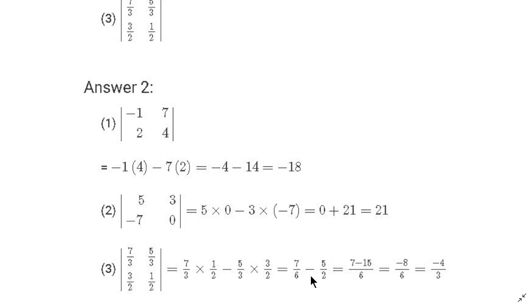Because the denominators are the same, we can calculate the subtraction in the numerator directly. Otherwise we have to make the denominators equal. That's the procedure. 7 minus 15 is equal to minus 8 upon 6, which is equal to minus 4 by 3. This is simplified by dividing by 2.